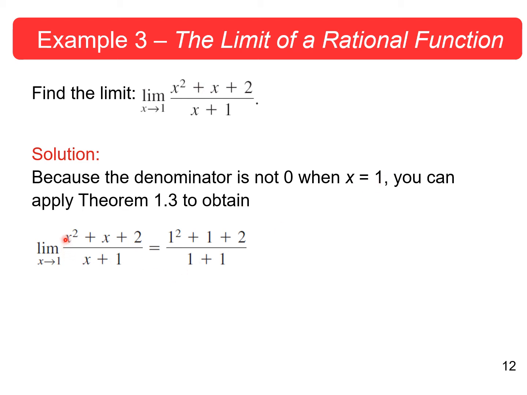So x will be replaced by 1, so you have 1 squared, and then by 1, so you have 1, and then just copy 2. The denominator will just be 1 plus 1. And then you have 1 squared plus 1 plus 2 divided by 1 plus 1. Then simplify this. The numerator 1 squared is equal to 1, plus 1 is 2, plus 2 is 4. And then 1 plus 1 is 2. So you have 4 over 2, which is equal to 2.